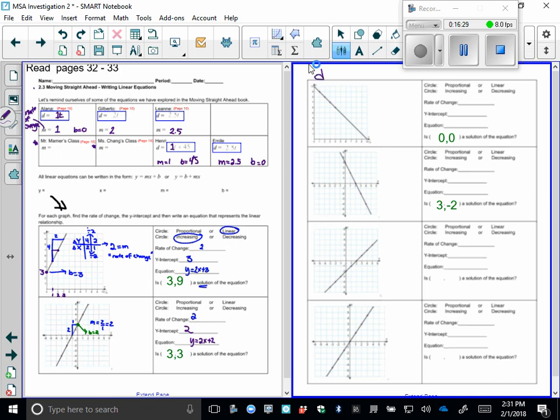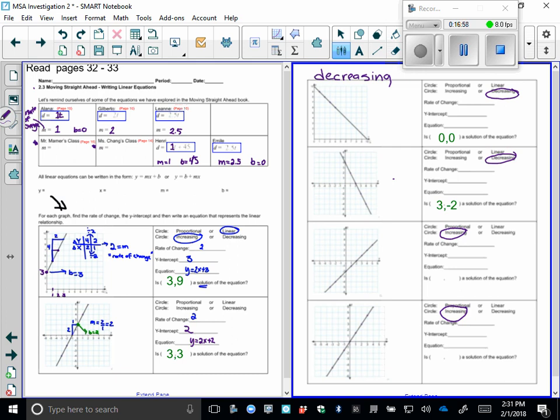Over here, this is decreasing. You guys see that? So this would be decreasing. And this would be what? Decreasing. And this one? Increasing. Increasing, right?